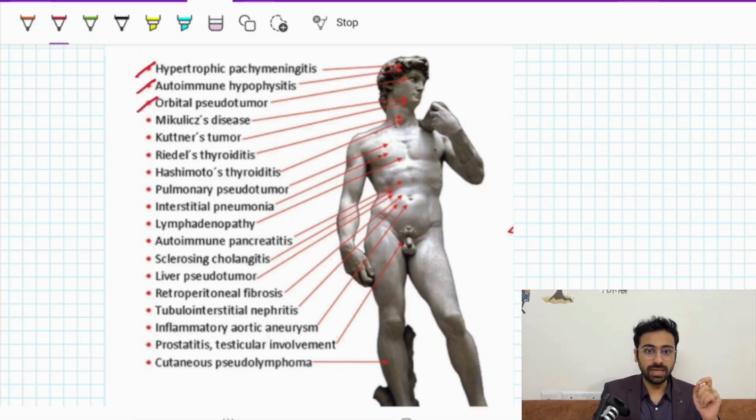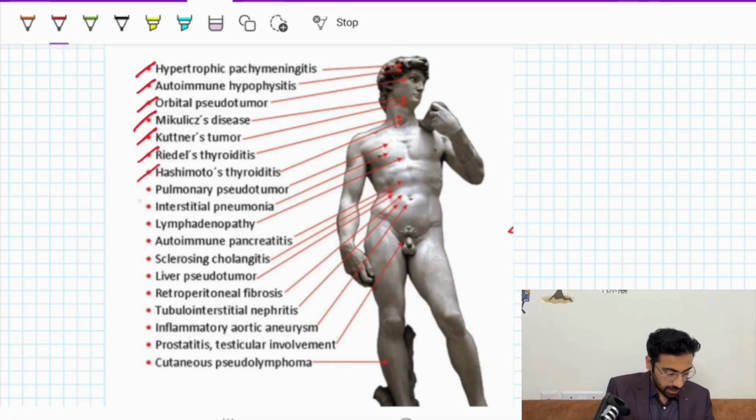Coming to the salivary glands, it causes Mikulicz disease and Kuttner tumor. Then coming next to the thyroid gland below, it causes Riedel's thyroiditis and Hashimoto thyroiditis like picture. Then in the lung, there is of course lymphadenopathy, then interstitial lung disease and pulmonary pseudotumor.